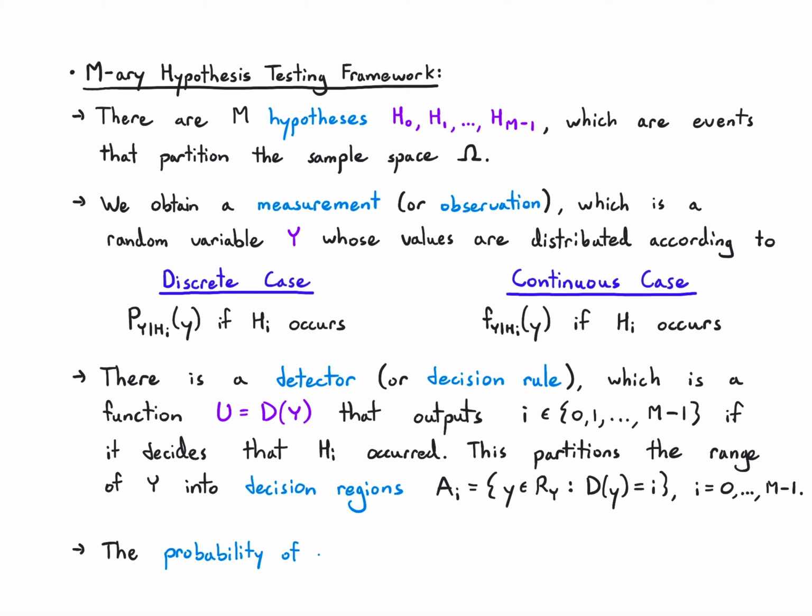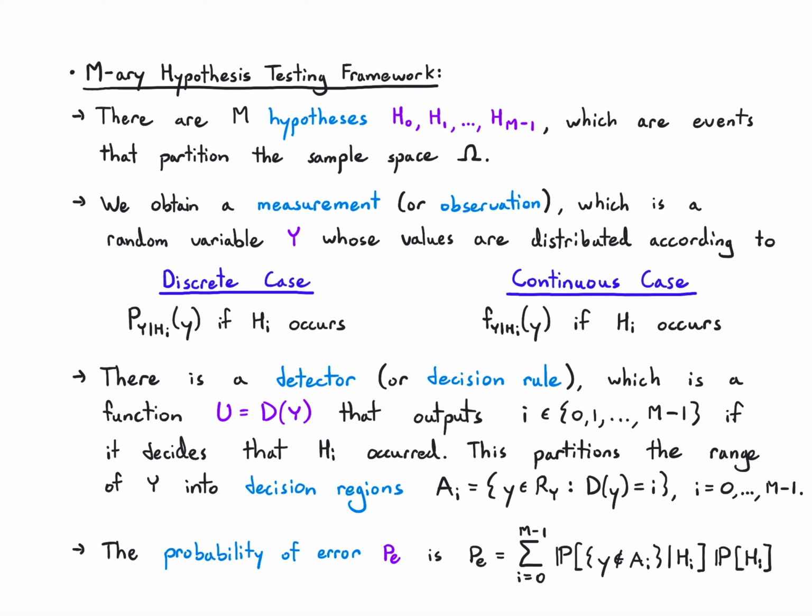The probability of error, PE, is just the sum of these probabilities that I go into the wrong region when Hi occurs, weighted by the probability of Hi. Remember before, the wrong region was A0 if I had H1, or A1 when I had H0. But here, because I have M hypotheses, any one of the other decision regions is wrong.